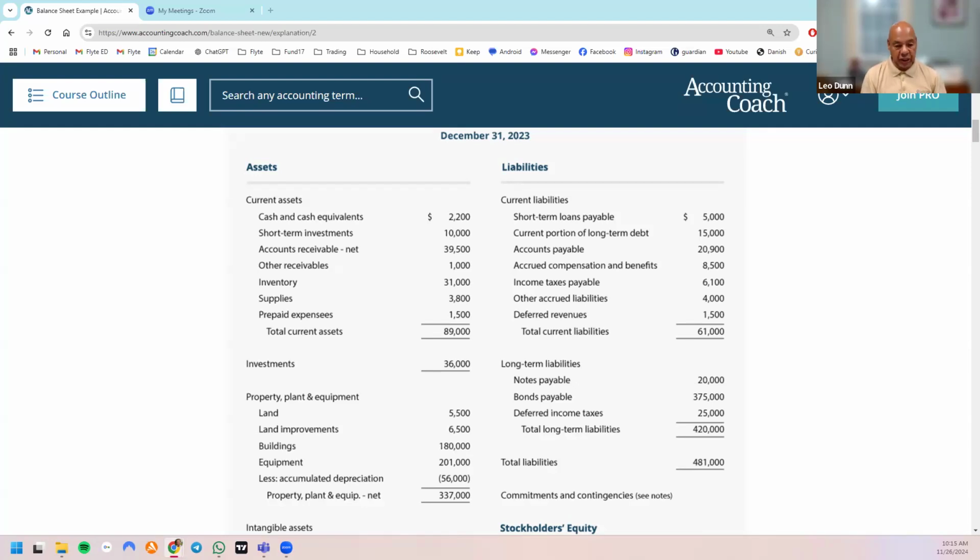But for the users, the bank, for example, the bank is going to look at that asset and say that is not something we want to use for collateral, because for the most part it is of little value in terms of collateral. So, any further questions on depreciation on property, plant, and equipment?